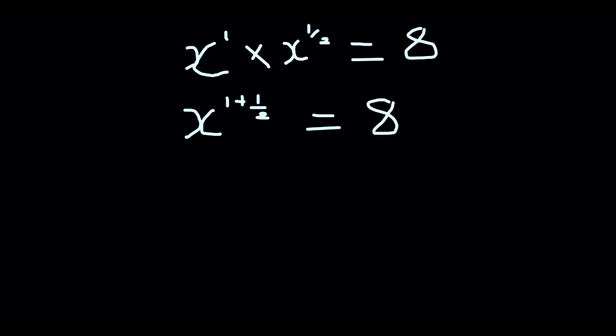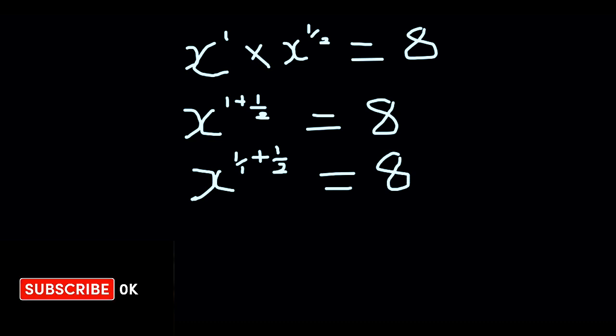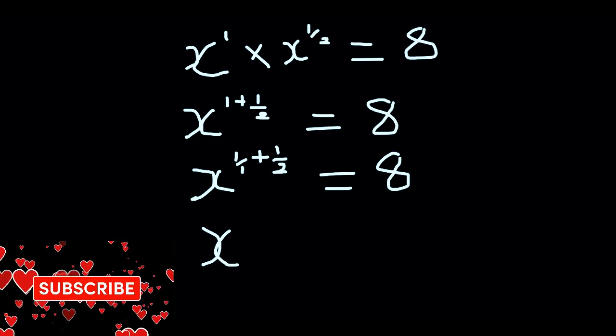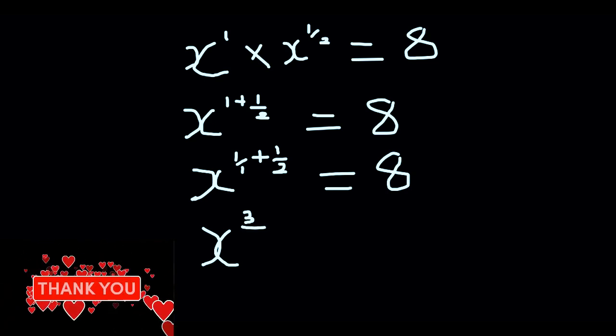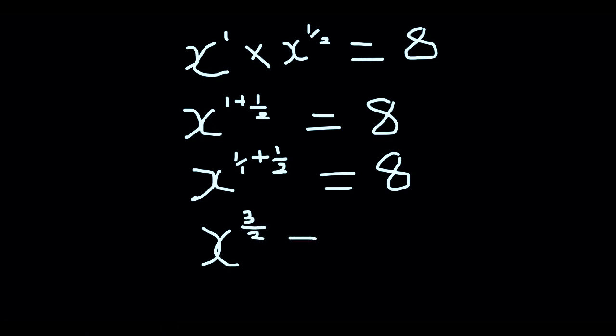So this can then be written as x to the power of 1 over 1 plus 1 over 2 equals 8. This also can be written as x to the power of 3 over 2, which is equal to 8.